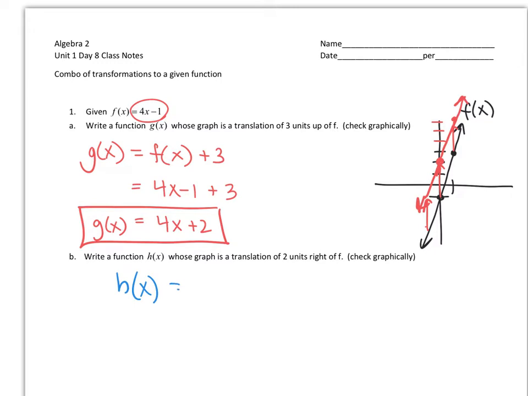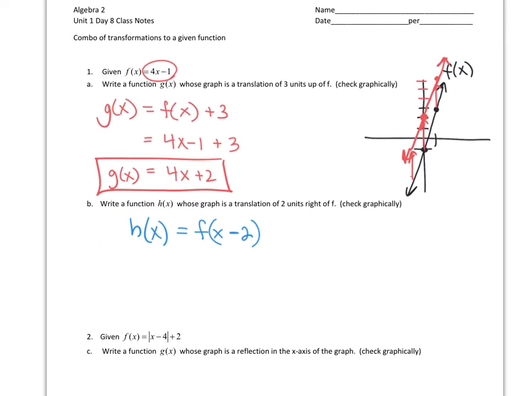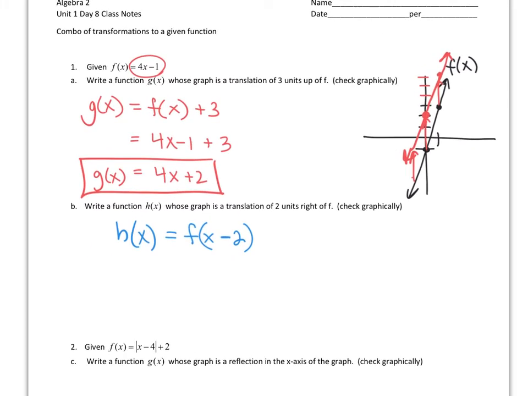So we know that plus 2 or minus 2 needs to be inside. To show 2 units to the right, that means we need to undo subtraction to add 2. So inside, it's going to be x minus 2. Because think about, how do we undo that operation there? We add 2, which is what moves it 2 to the right.